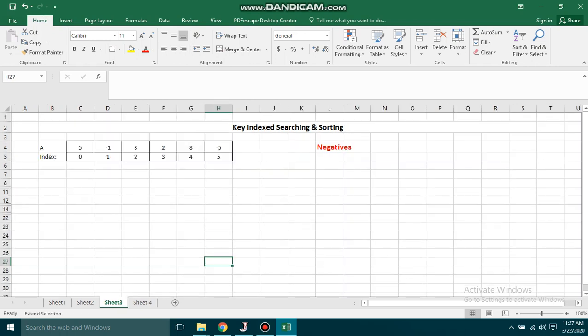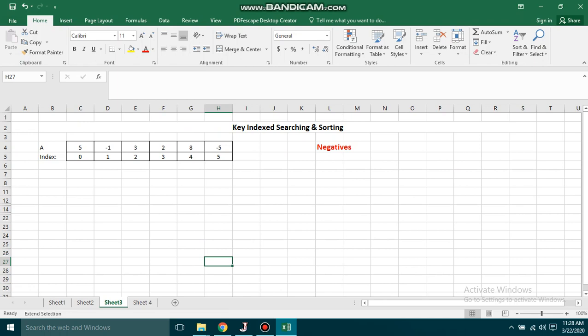Another problem is whether this can be done with negative values. Is that possible if I have a sequence like 5, minus 1, 3, 2, 8, minus 5? The answer is yes again. What we have to do is a simple mapping.